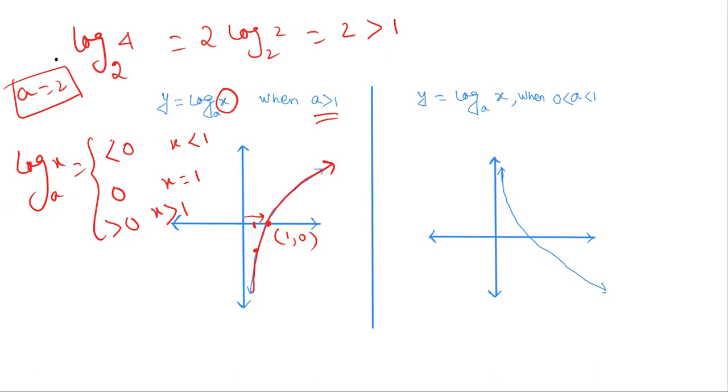Same way we can approach this function, just take the reverse. In this part, this is same, it will become 1 comma 0. If you are taking x less than 1, the graph will become positive, because a itself you are taking smaller than 1.